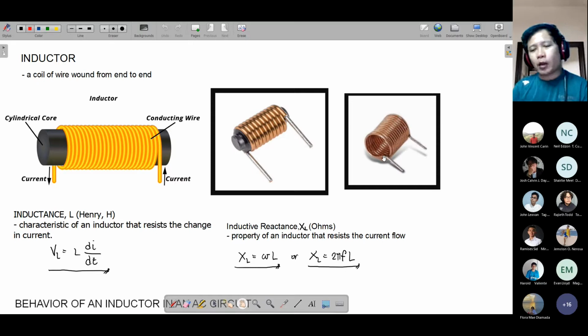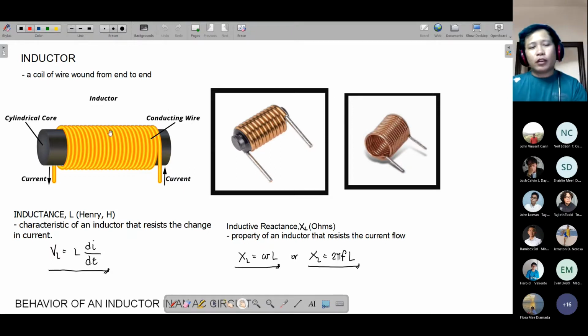If it is an air core, there is only a little magnetic flux because the air core has a higher reluctance, meaning resistance, but reluctance only resists the magnetic flux. But if you have a core, the core has lower reluctance. So a greater flux is produced. That's why your inductor can have a core or no core. Okay? So it can affect the behavior of your inductor.